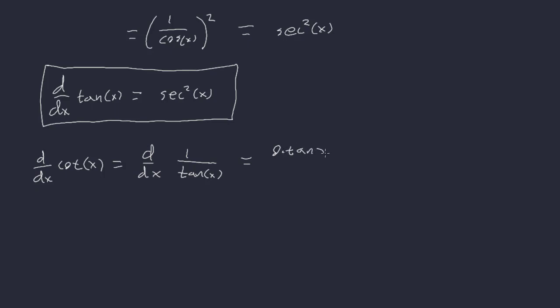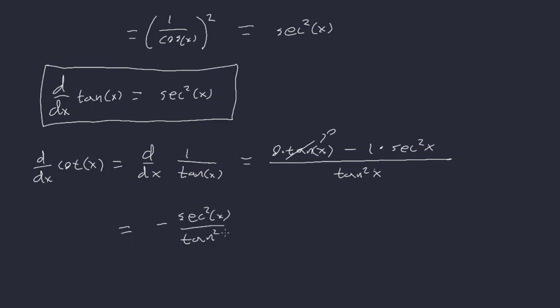So that would be tangent of x left alone, minus the top left alone, times the derivative of the bottom. Well, the derivative of the bottom, we know now, is secant squared of x, all over the denominator squared, which is tangent squared x. Okay, so this comes out to be, well, that just zeroes out, and we'll get negative secant squared x over tangent squared x.